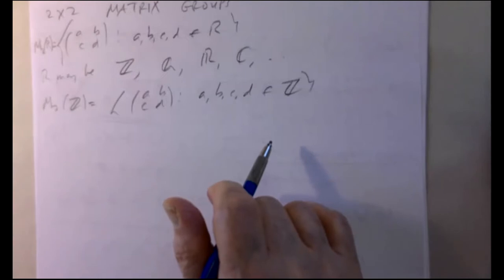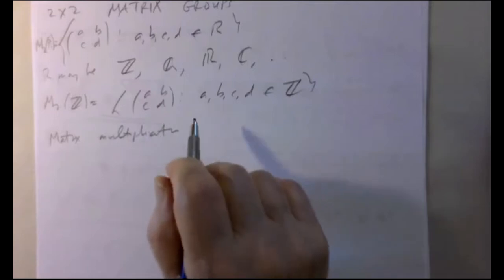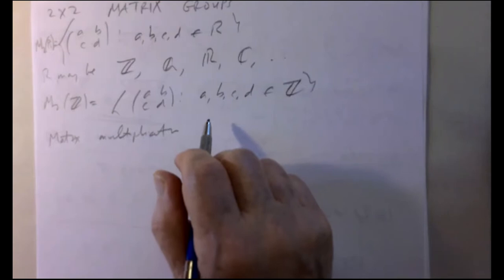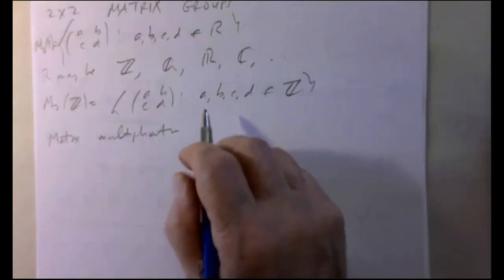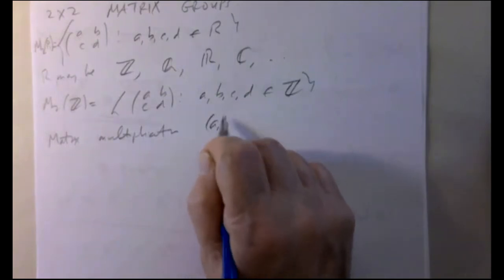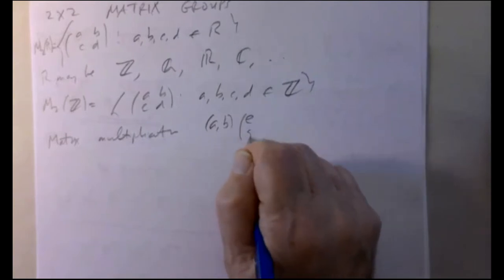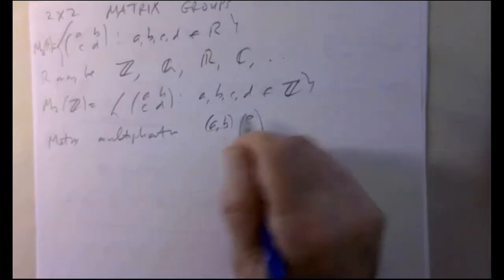All right. Matrix multiplication. In calculus, you probably learned the scalar product, the dot product of two vectors. If you had a vector AB, which I'll write as a row, and a vector EG, this is like a row times a column.